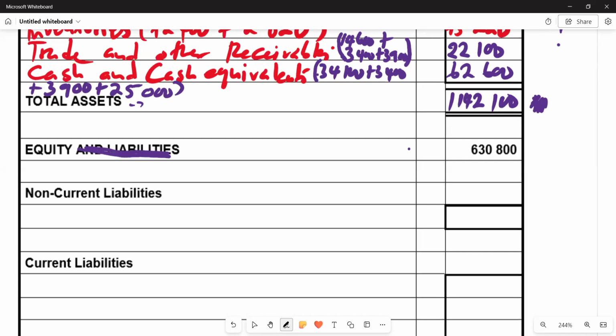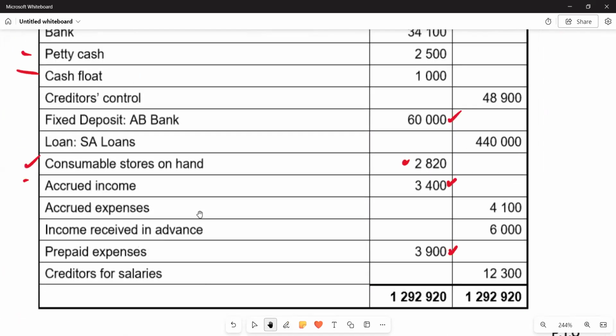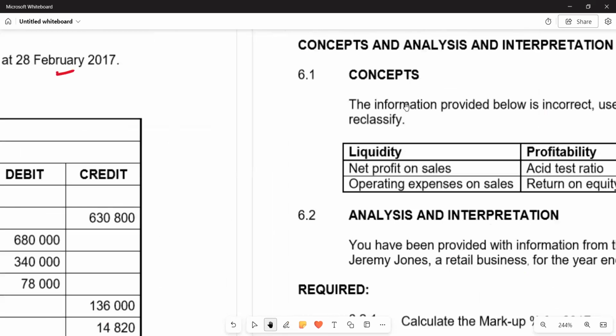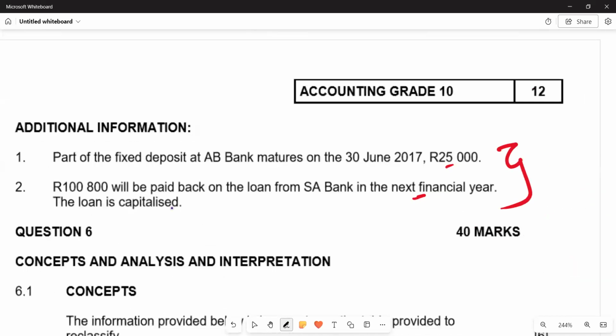Then for non-current liabilities, we can start from filling in our non-current liabilities now. So non-current liabilities, obviously, we are going to look for the figure for loan that we are given in the question. So if you come here, you would see that the figure for loan that you are given is 440,000. But we are not going to put it as it is, because we have got an adjustment that we read in the beginning of the video, that we said is going to affect that final figure for loan, which is additional information number 2, which is saying 100,800 rands will be paid on the loan from SA Bank in the next financial year.